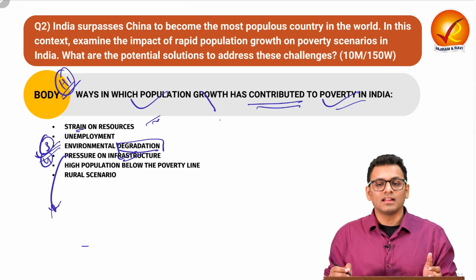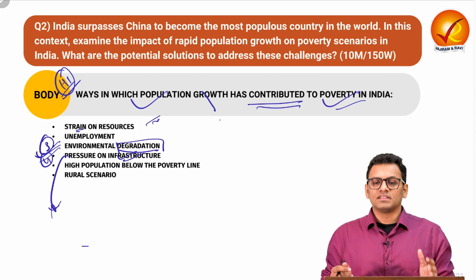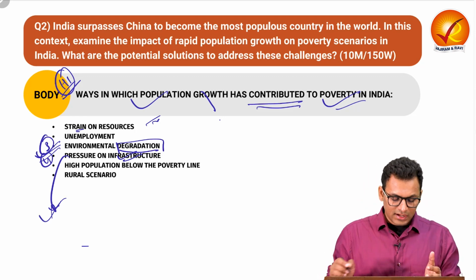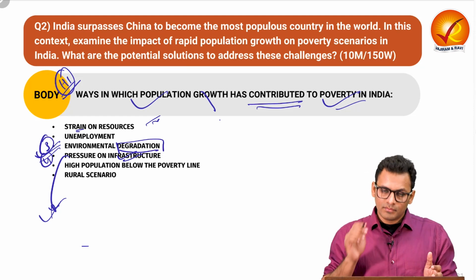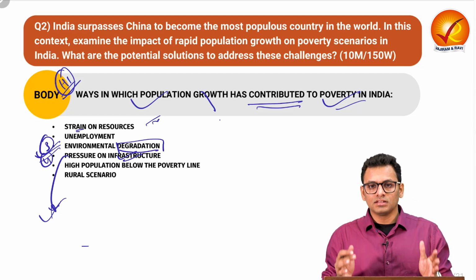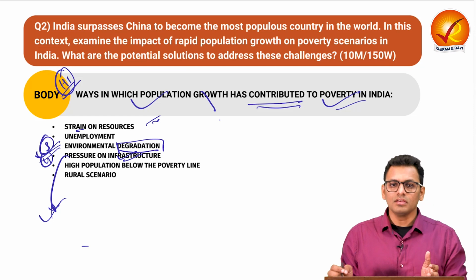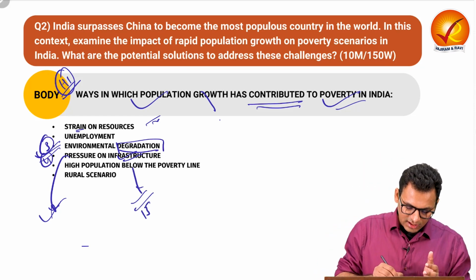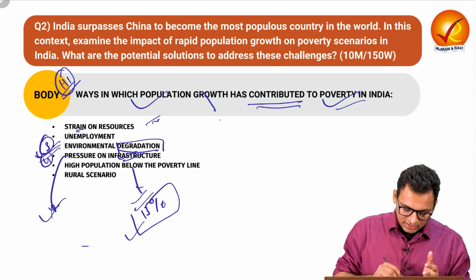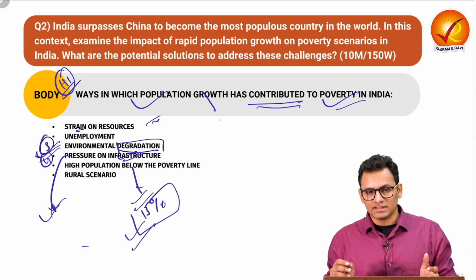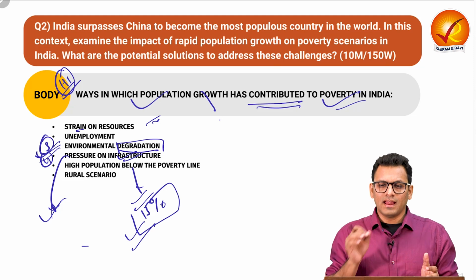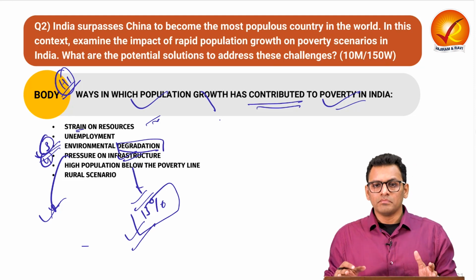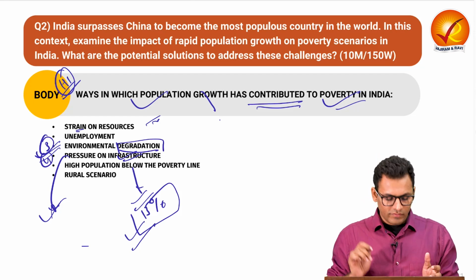We already understand that India faces present challenges with respect to infrastructure inclusion. Population growth again will augment the problem of infrastructural inclusion. Next is higher population below poverty line. As we understand that already 15% of the population in the nation is below poverty line, and that kind of number already impacts how further population growth can augment the poverty scenario in India.